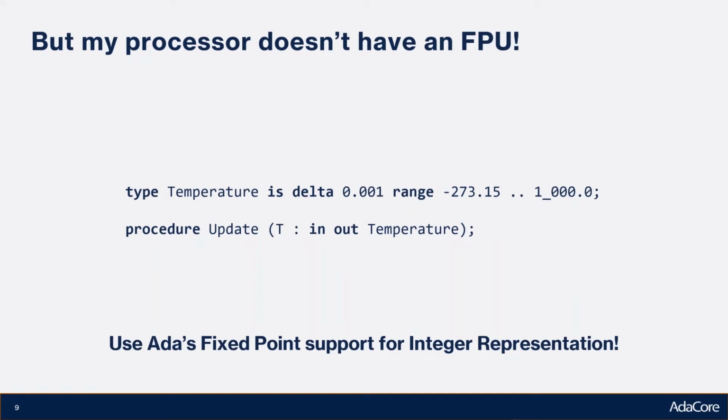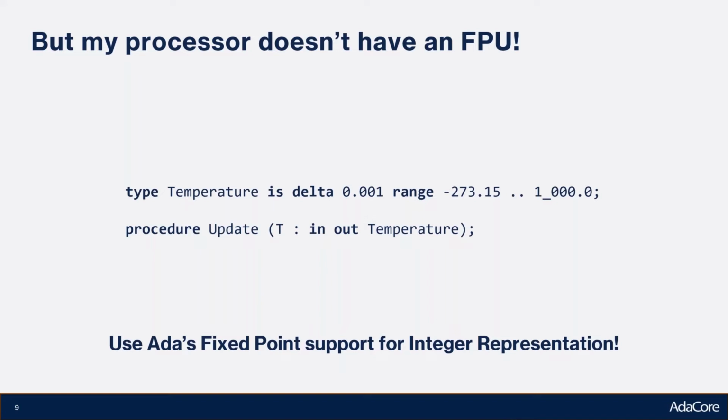Right. Here's one neat feature of the Ada language. If the processor that you're using doesn't have hardware floating point capability, but you still need to represent fractional values, Ada has fixed point capabilities built in. And so here is our temperature type again.